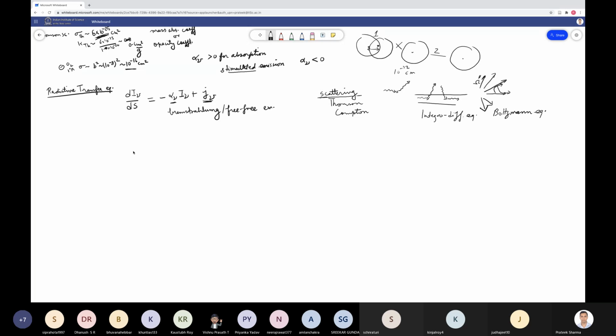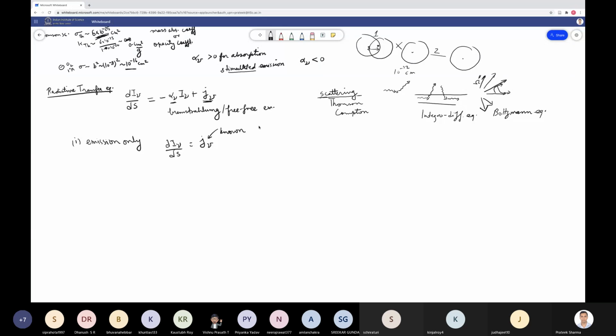Okay, so let's just look at some simple solutions. If you only have emission, then dI nu ds is equal to j nu, and we are assuming that j nu is known.